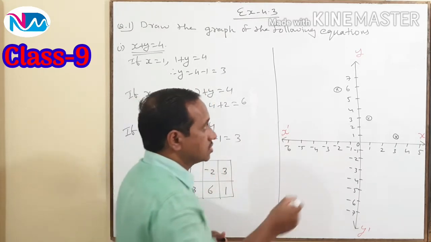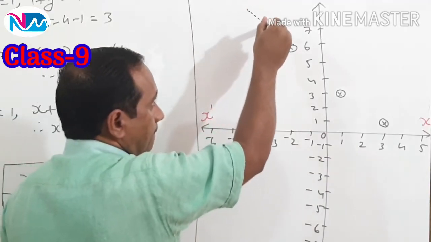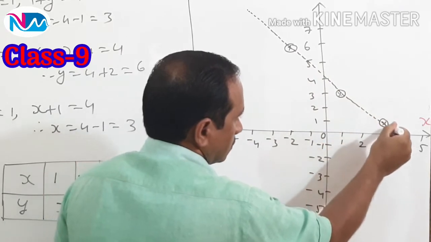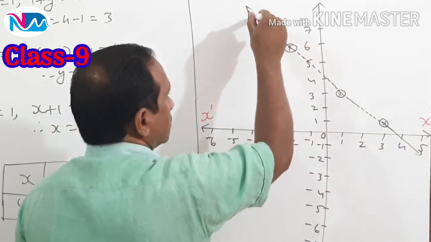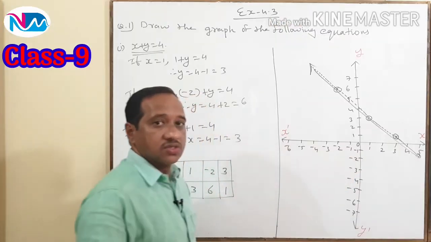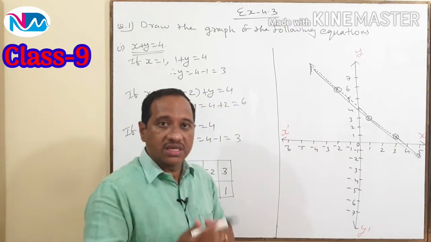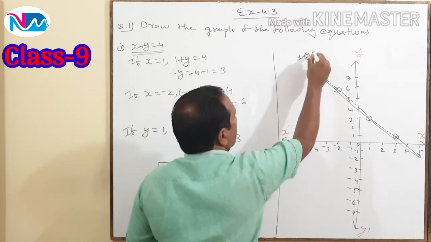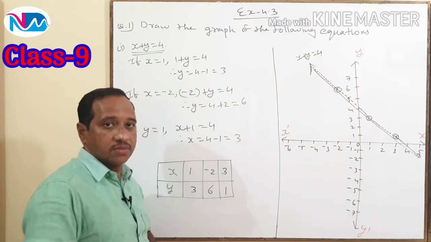So here I am going to join them. Here you can see all the 3 points are in a straight line. So this is the graph representing the linear equation x plus y is equal to 4.